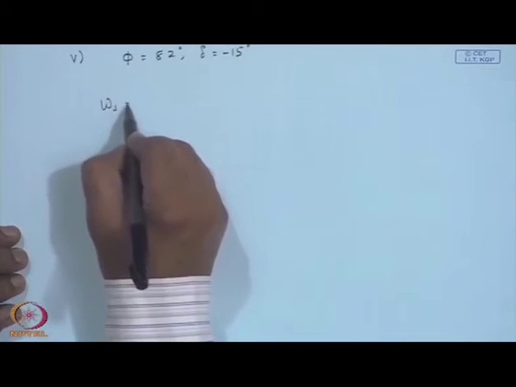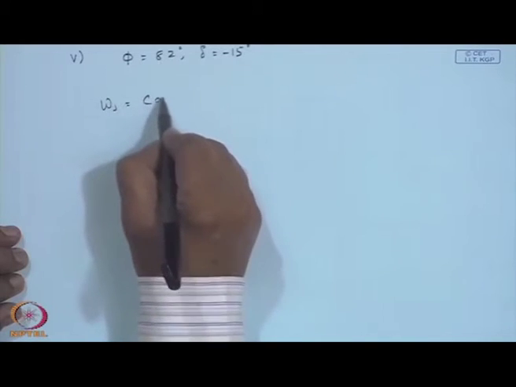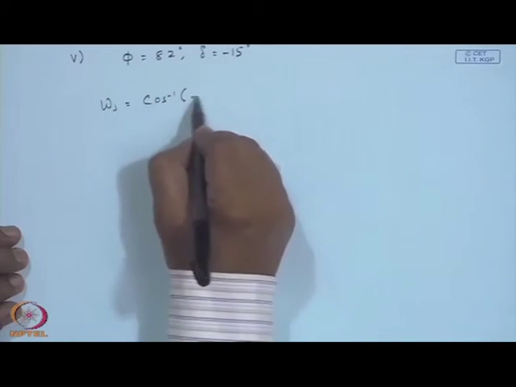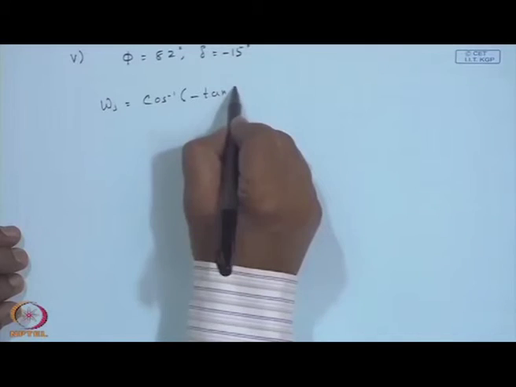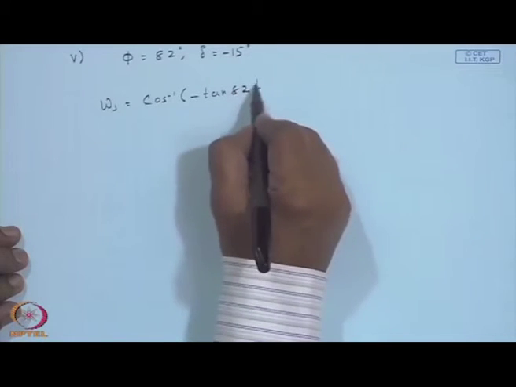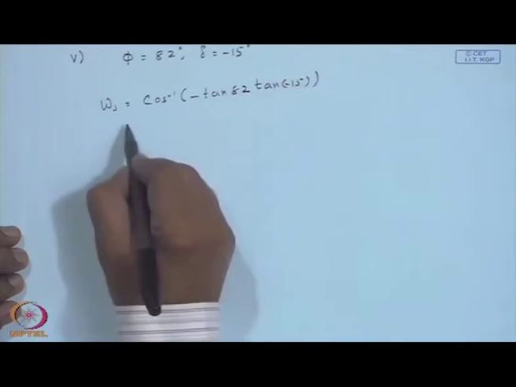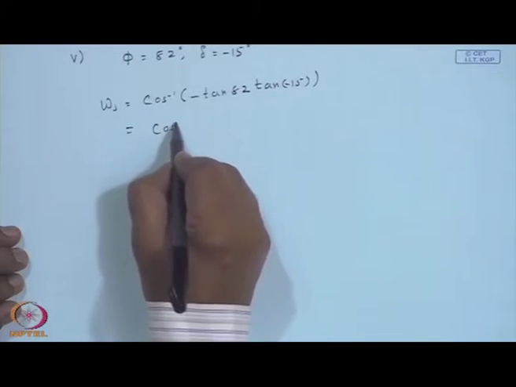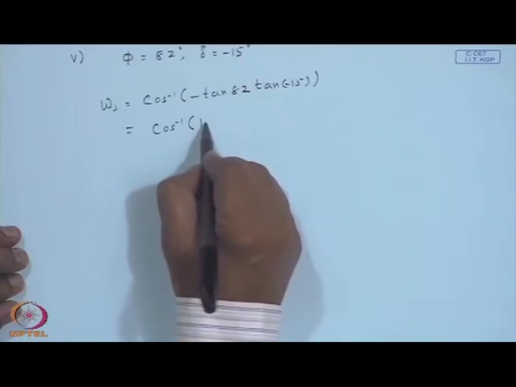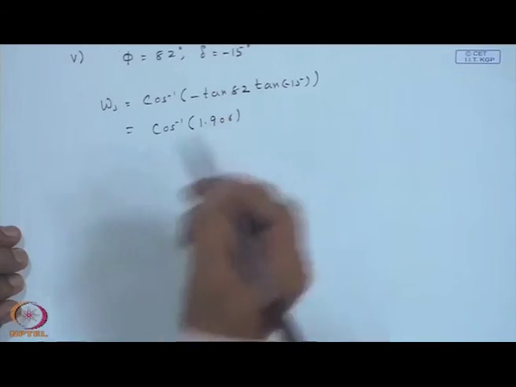Omega s will be cosine inverse minus tan 82 and tan minus 15, which will be cosine inverse 1.906.